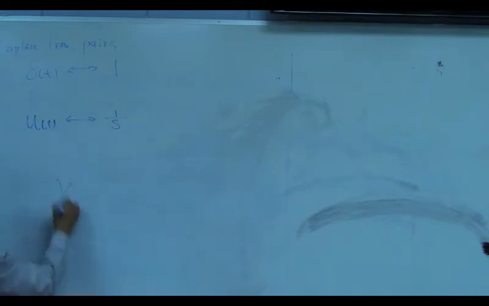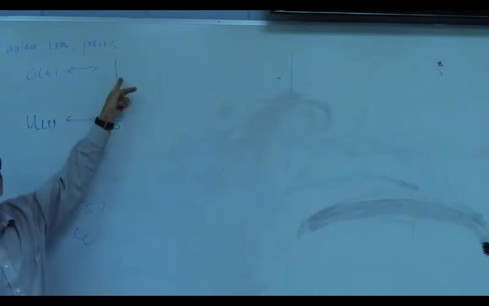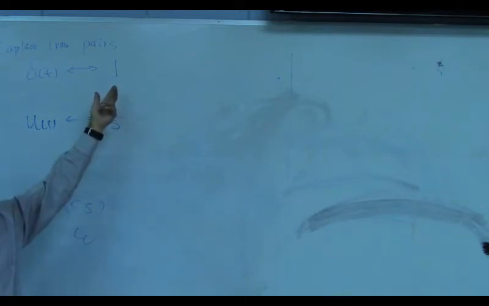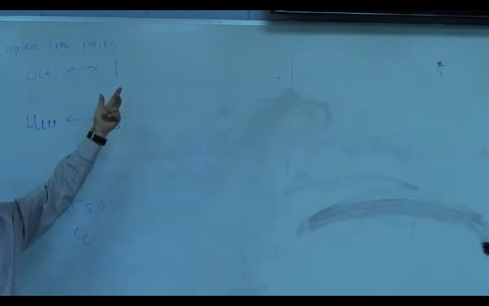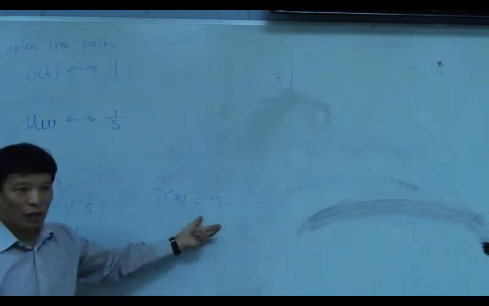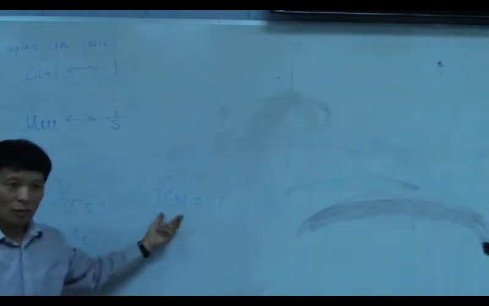We know the Laplace transform must be a function of s. So this one is also a function of s, or in other words, a function of omega, frequency. So where is the frequency? Is this a function of x?